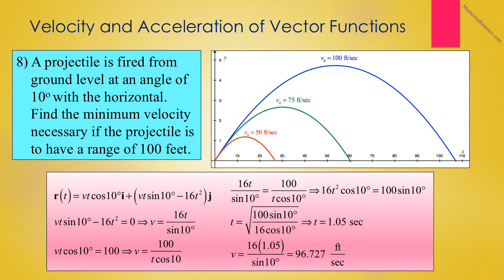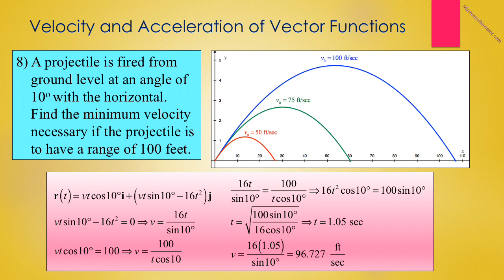You see by the graph, we showed three different initial velocities: 50 feet per second in red, 75 feet per second in green, and 100 feet per second in blue. It is clear that the blue example will go further than 100 feet. So we know that our answer is somewhat less than 100 feet per second.